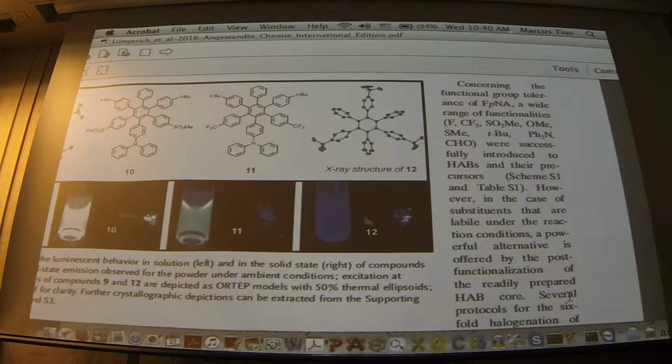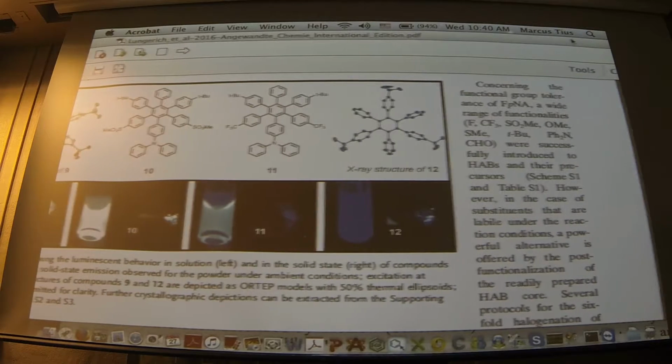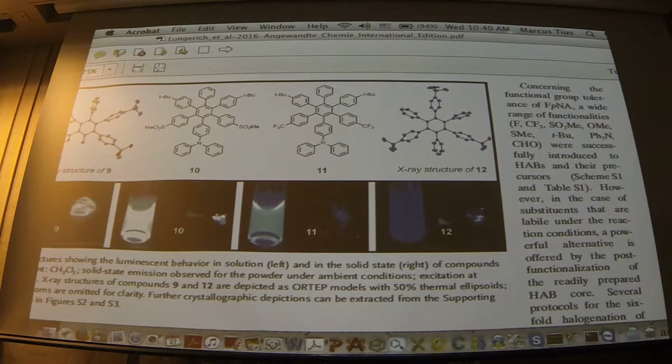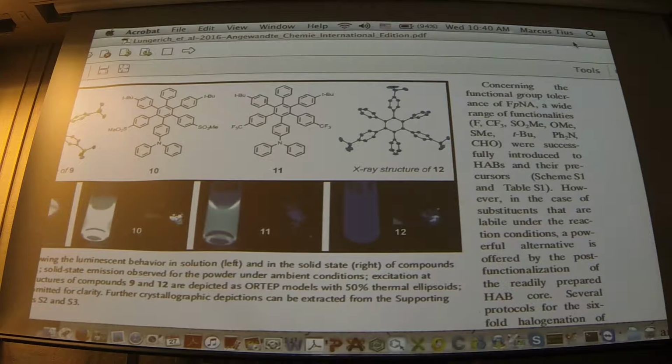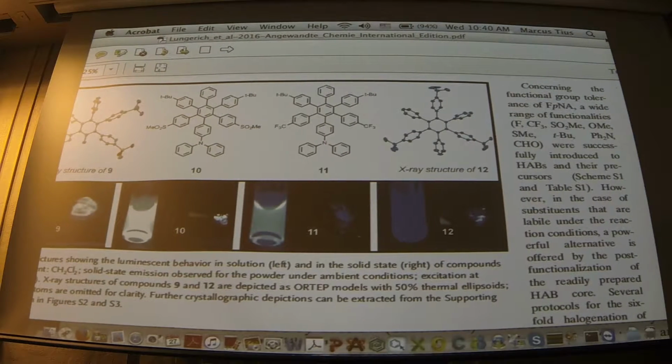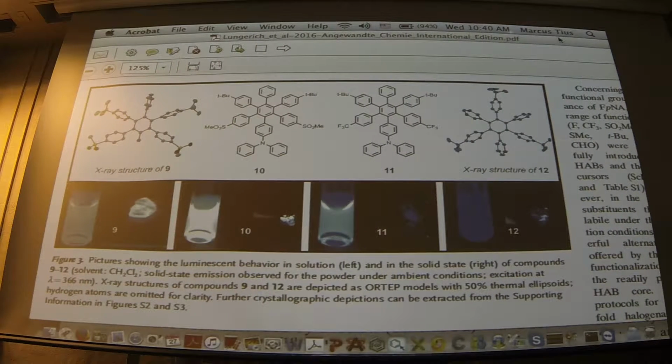And so, in one sense, they've been successful because they actually do have the optical properties that they were looking for in this research. And so, whether or not these compounds now turn into some article of commerce or not, I don't know. But they have indicated the luminescent behavior of a selected bunch of compounds.